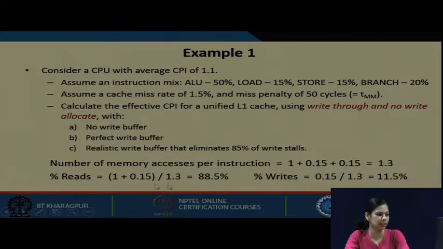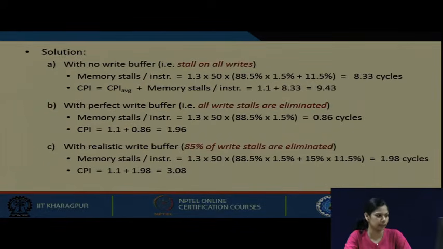So, percentage read is 88.5%. Now, coming to percentage writes, for the write we will require this 15% only, 15% divided by 1.3, the total number of memory accesses per instruction. So, now we have found percentage read, percentage write, and we also know the total number of memory accesses per instruction.